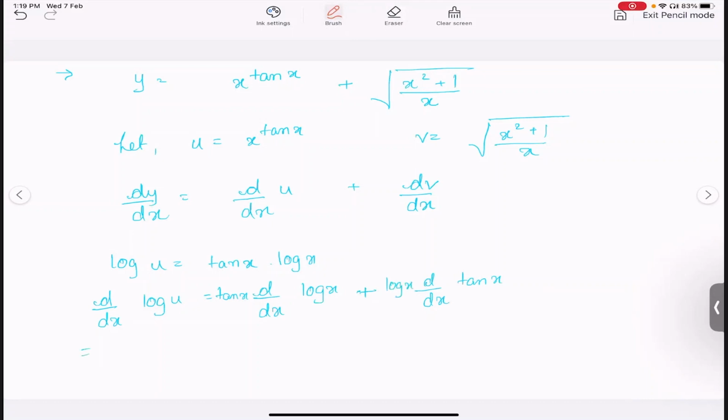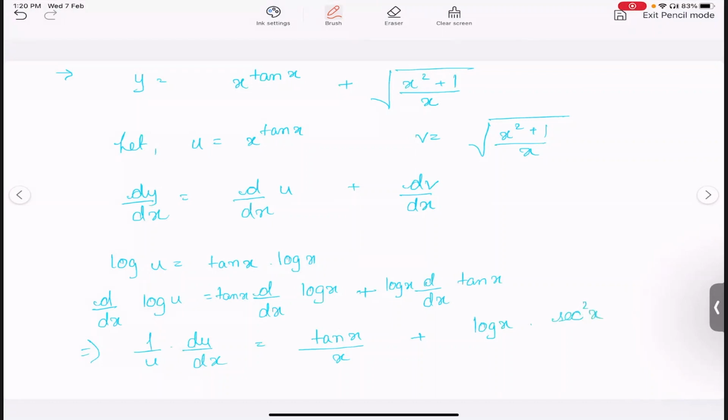This implies 1 by u times du by dx will be equal to tan x by x plus log of x times sec square x.